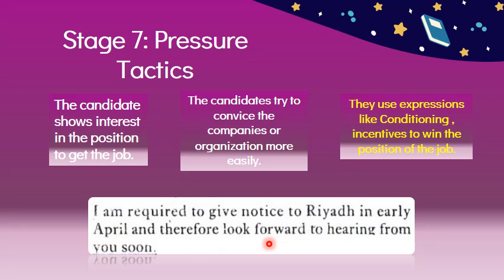So this person who applied with this letter needs to give this information to the university very soon. So they use conditioning to get the job position, and they will wait to hear the answer very soon.